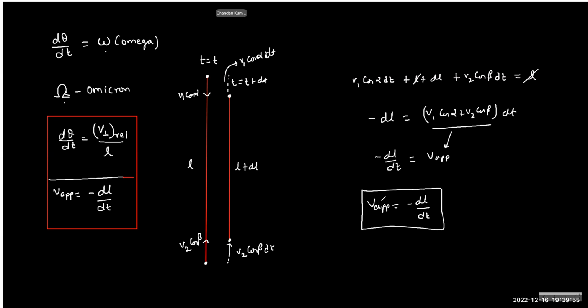In physics, we can arrive at a relation mathematically without forcing ourselves to mug up a formula. So you have to develop this intuition of how we create formulas and write equations. If you have observed carefully, I have taken two instants: one is t, another is t plus dt. This is called the differential thinking process. You always try to write the event at two instants, one at t, another at exactly the next moment.